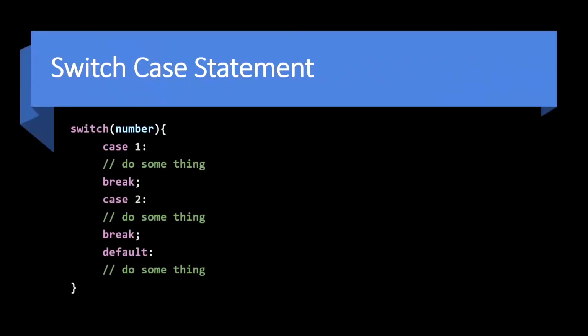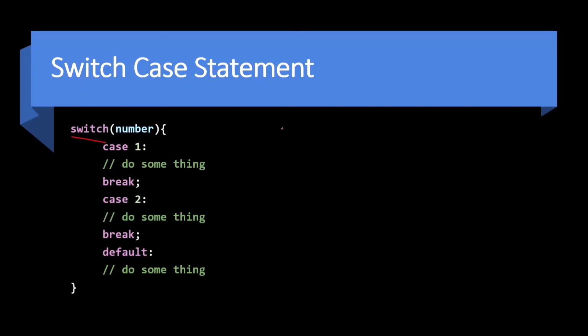Now let's discuss the switch case statement in C. We know that there are two types of controlling statements, which are if else and switch case. We already saw how we can use multiple if else statements. If we don't want multiple if and else, then we can use switch case.